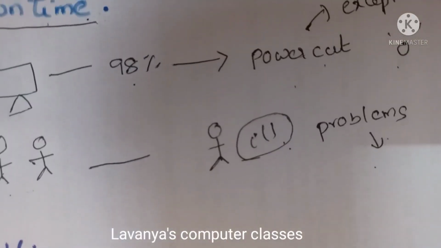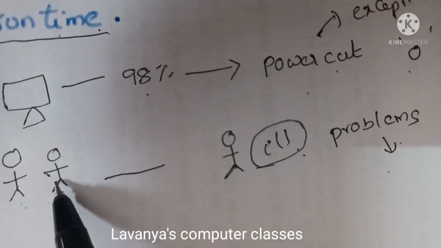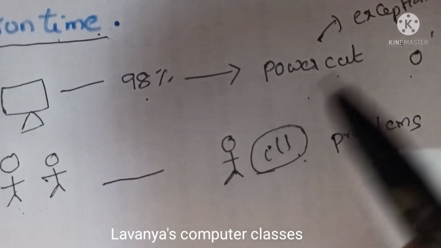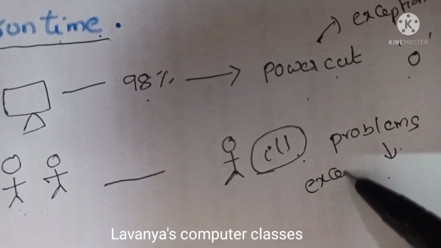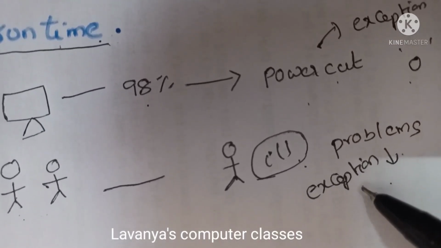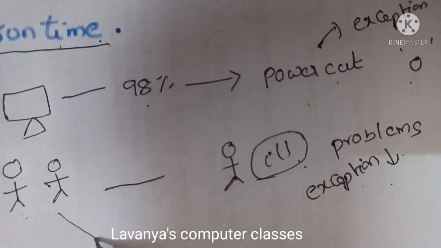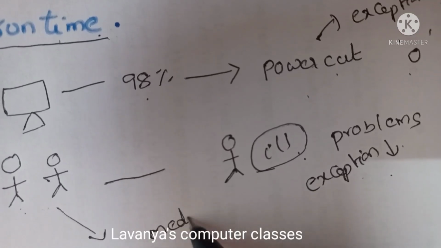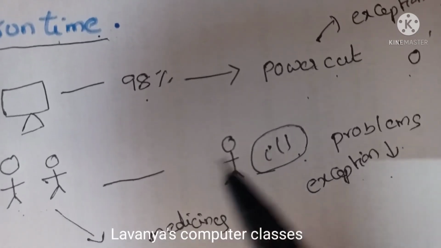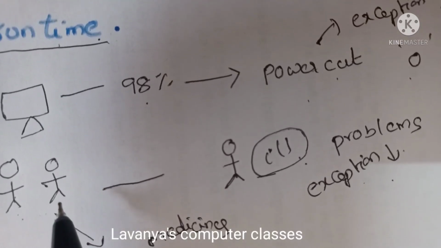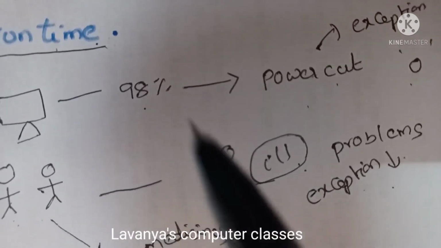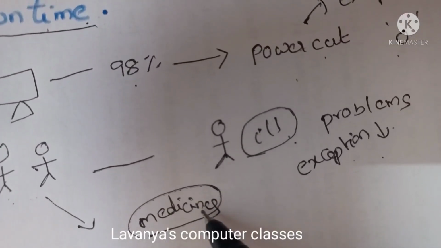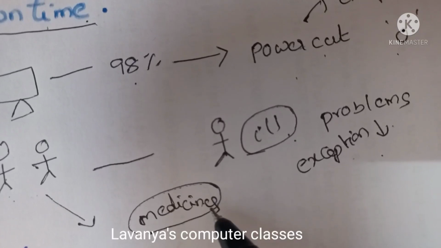Similarly, one more example: we are going on a trip with a group of people. If any person is ill in between, we face a problem. That problem is called an exception. So how to handle it? Before going on the trip, we take some alternatives. We keep medicines with us. Depending on the problem a person might face, we keep the medicines we require while packing.